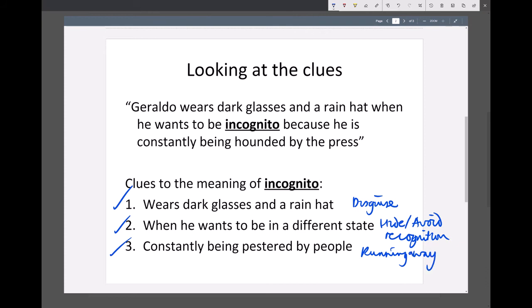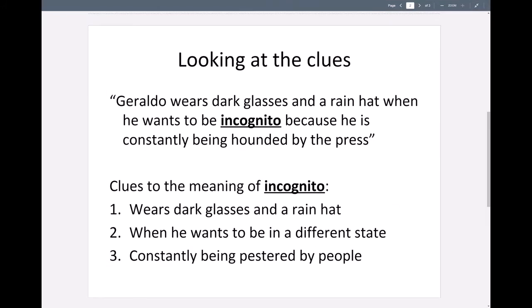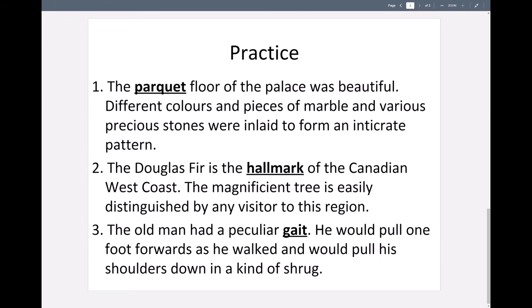Incognito. All right. So the next thing we want to try is a practice.